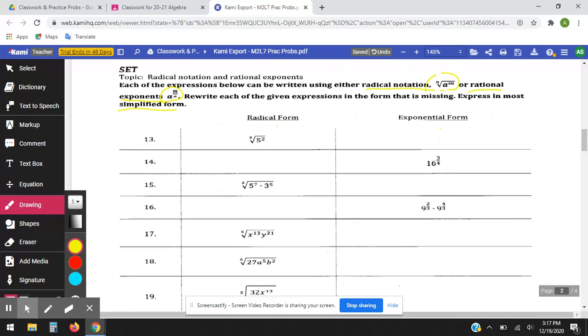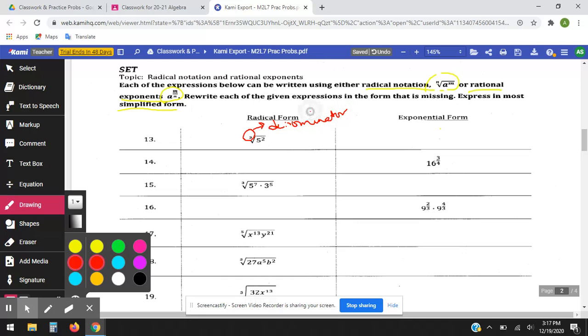So first of all, when I'm doing this, we remember that whatever the root is is my denominator, and whatever the exponent is is my numerator.